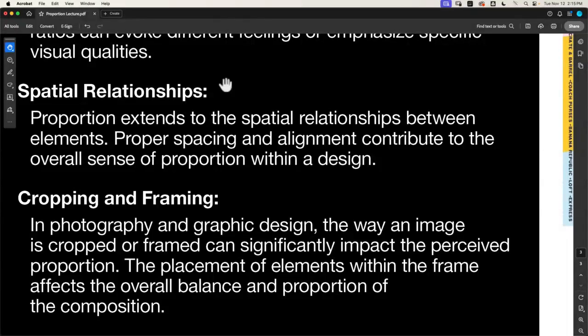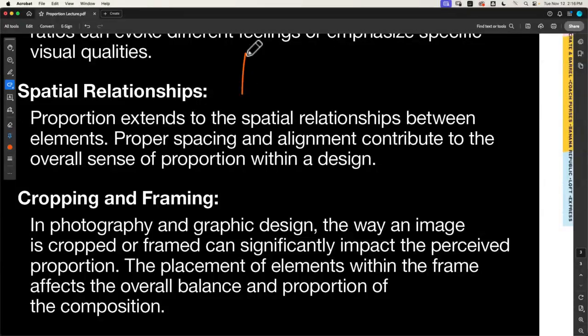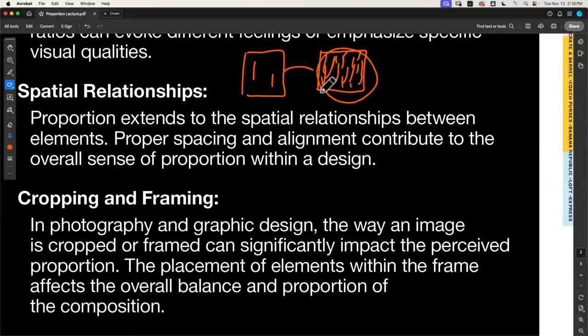It goes back to one of the very first assignments where I did crowded or open. If you design something and it's this or it's this, even though they're the exact same size, the spatial relationship makes us feel different about this one than it does about this one.